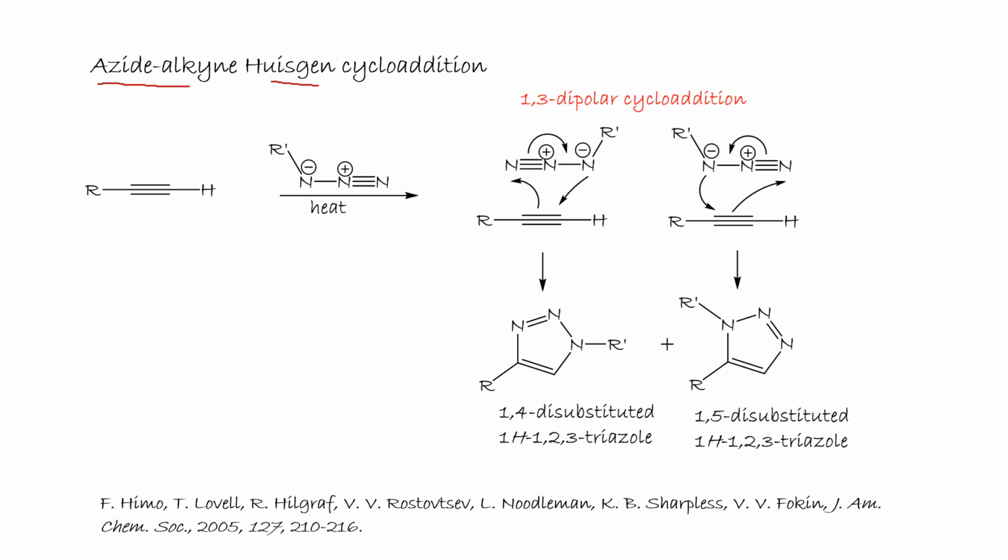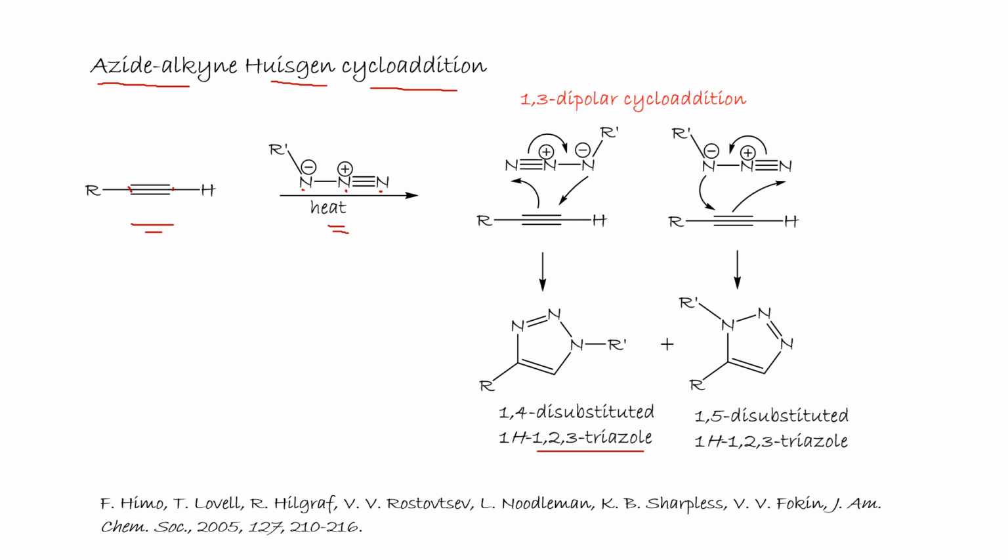Azide-alkyne Huisgen cycloaddition. It is a reaction between alkyne and azide to give 1,2,3 triazole compounds. So the 1,3 dipolar, 1, 2, 3, positive and negative, so dipole, or we can say it is a 3 plus 2 cycloaddition reaction.